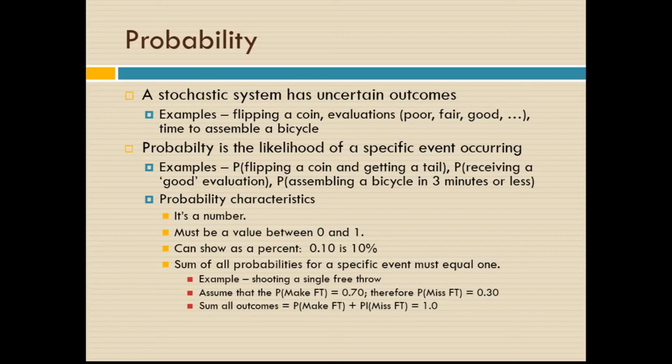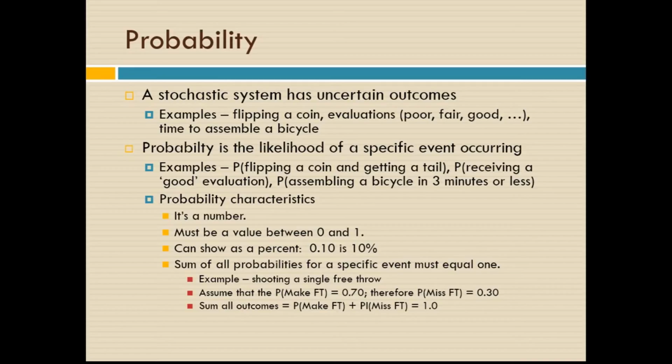Well, what do you get when you calculate probabilities? You always have to remember a probability is always a number. It can't be a color. It's not a description. It's not "pretty good." It is a number, and it's always a number between 0 and 1. A probability is something like 0.3, 0.92. Those are numbers between 0 and 1.